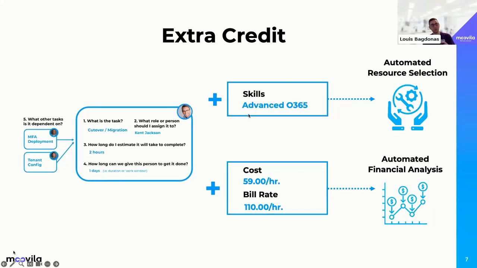And then also, are there any specific skills that are required to complete that task, to do that cutover and that migration? So maybe we want to make sure we have somebody that internally we identify as an advanced Office 365 resource type. That way, as we start to identify those skills, we associate our skills with our employees, our team. That's going to help us with scalability.